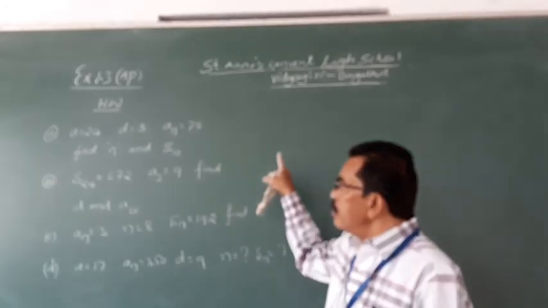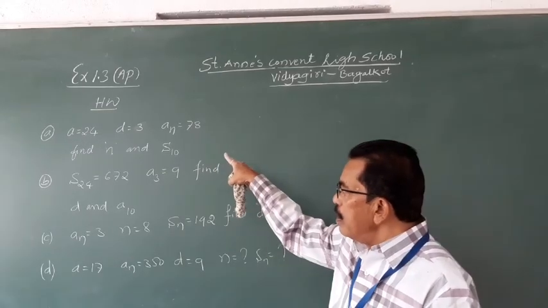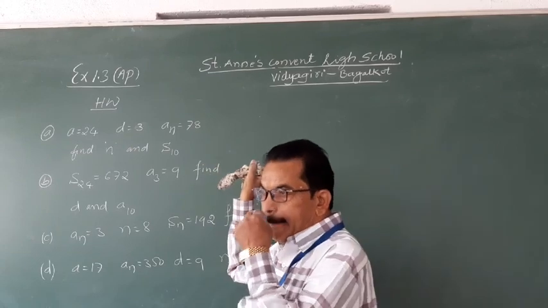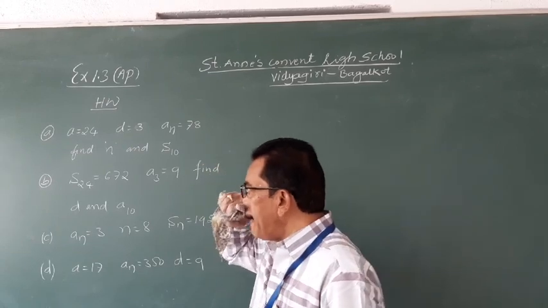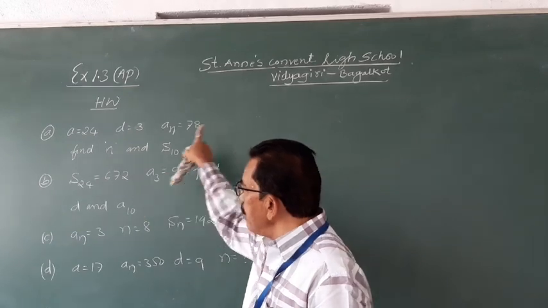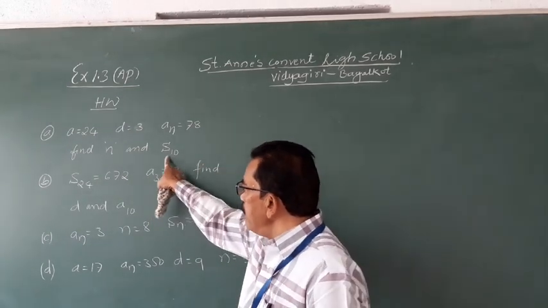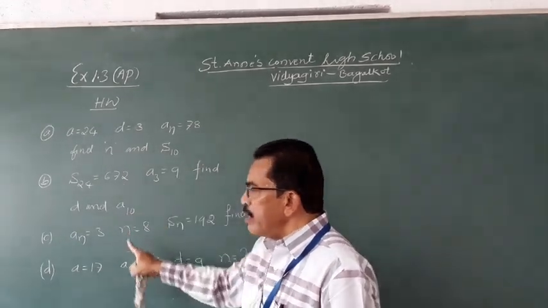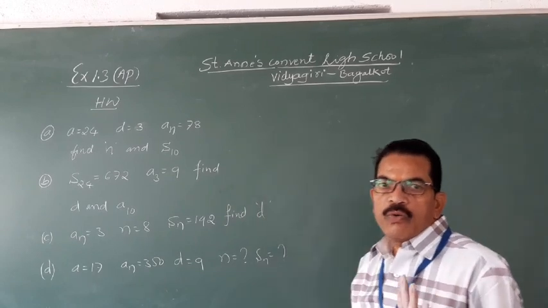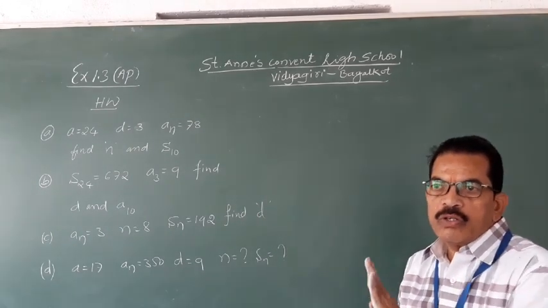See, today's homework: referring to the previous problems I have solved, use the suitable formula and find what they have asked. A, B, C, D, four problems are given. Without fail, you have to do the homework.